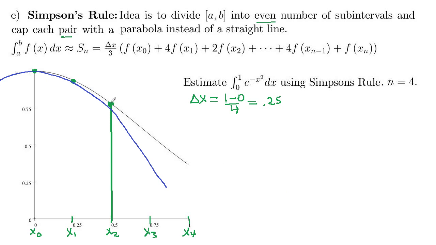That would be the unique parabola that goes through those 3 points. Now I know I drew it so it doesn't quite go through that third point. I'm trying to illustrate it's part of a parabola. And then we do the same thing for this pair. So you've got 3 points on the graph here, determined by the function value at 0.75 and the function value at 1. There's a unique parabola that goes through those 3 points.